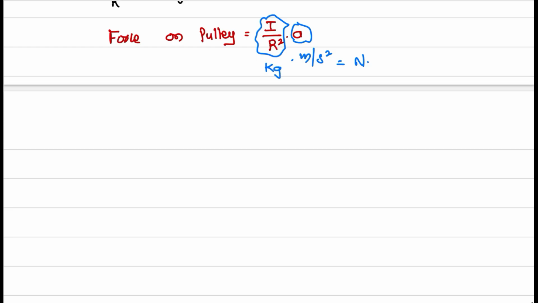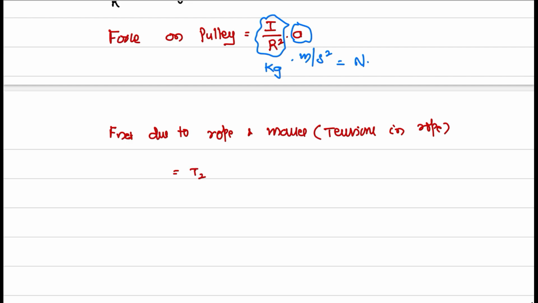This is a force on pulley, net force, and net force on the ropes, net force due to rope and masses is due to tensions in rope is equal to T2 minus T1.